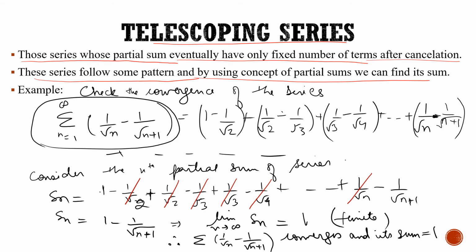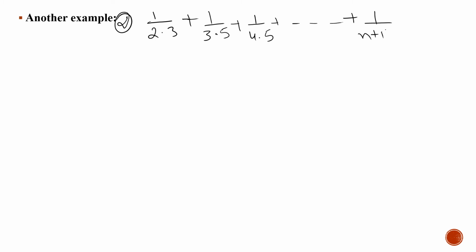Now we will do the next question. Suppose that you have a series like this, this is example 2, and you want to find out whether this series is convergent or divergent, and if it is convergent you want to find the sum.